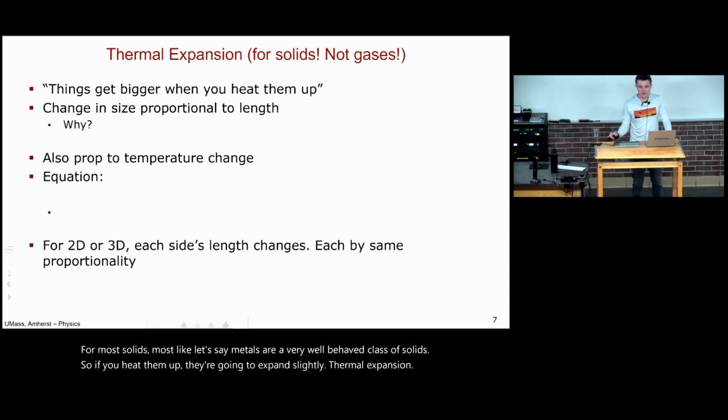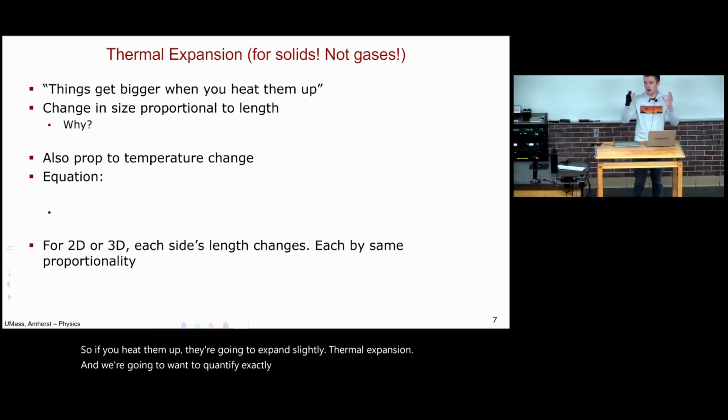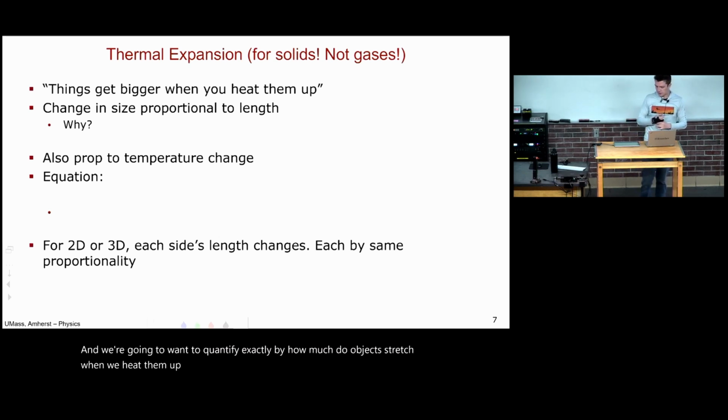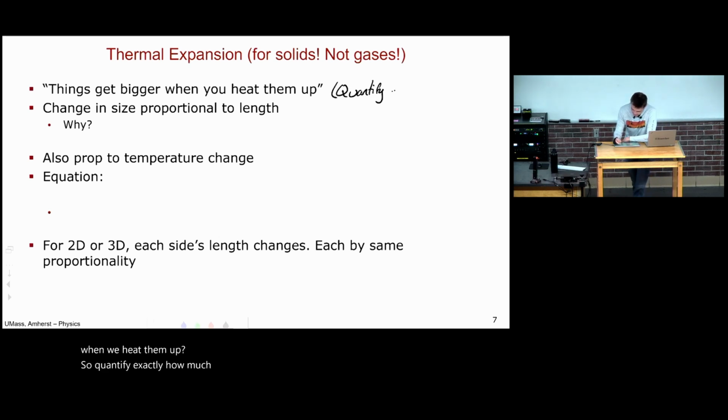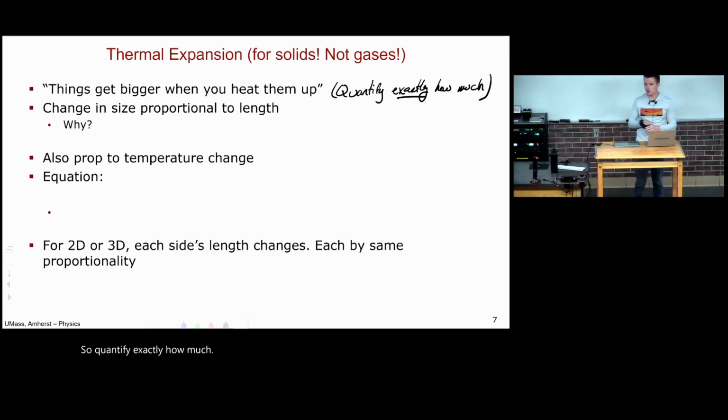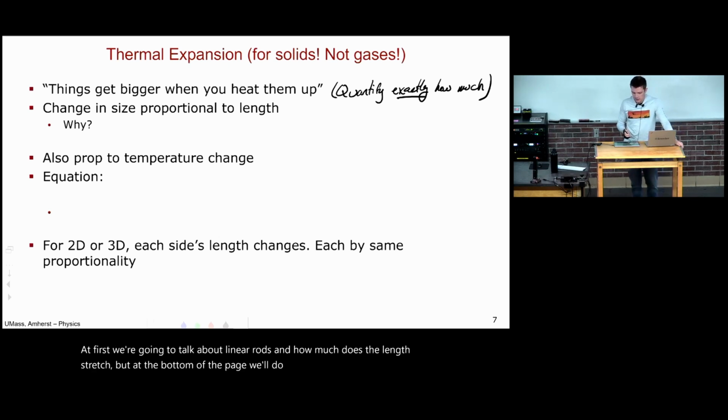And we're going to want to quantify exactly by how much objects stretch when we heat them up. At first we're going to talk about linear rods and how much the length stretches, but at the bottom of the page we'll do volume as well.